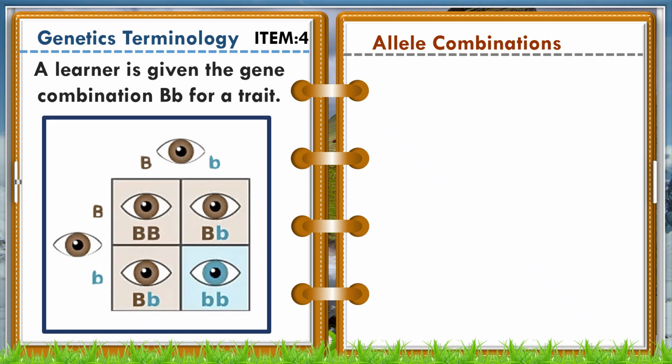Here we have our Punnett square for eye color, having a parent with capital B, small b, and another parent with capital B, small b genes. Tasks.